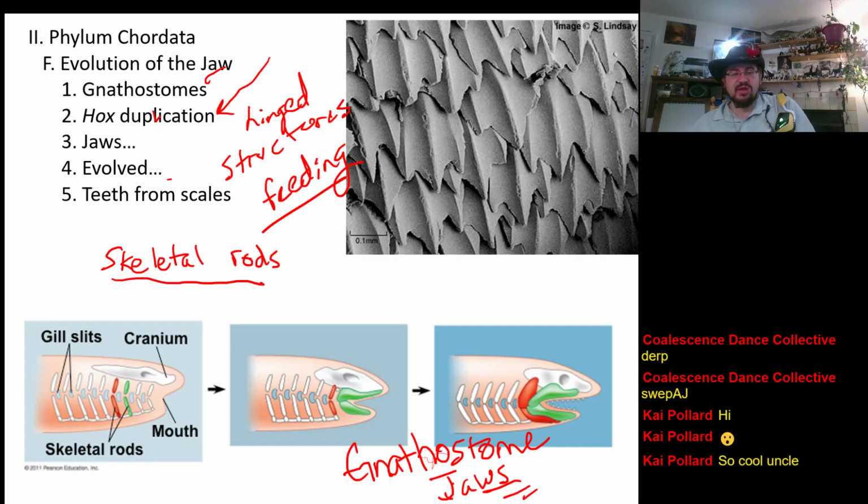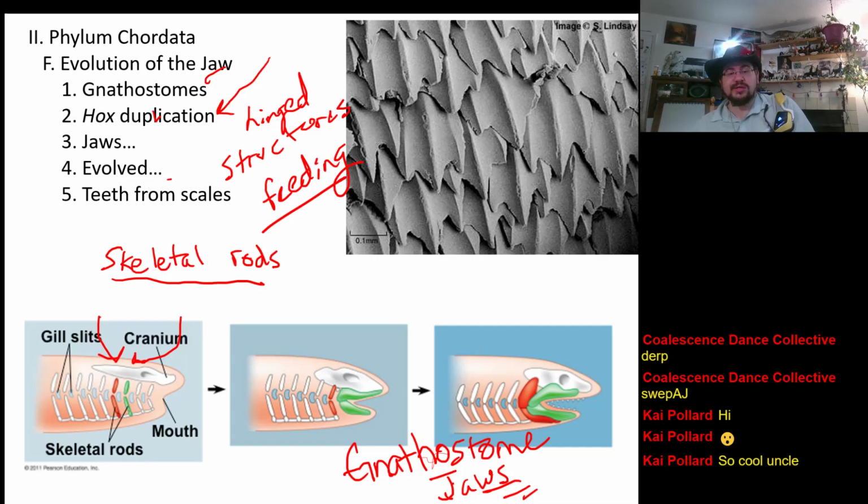So if you've ever eaten fish, you're pretty familiar with skeletal rods throughout the meat. So you had these skeletal rods for support of the gill arch. And there was a Hox duplication, and it caused some of those skeletal rods to develop into something new.